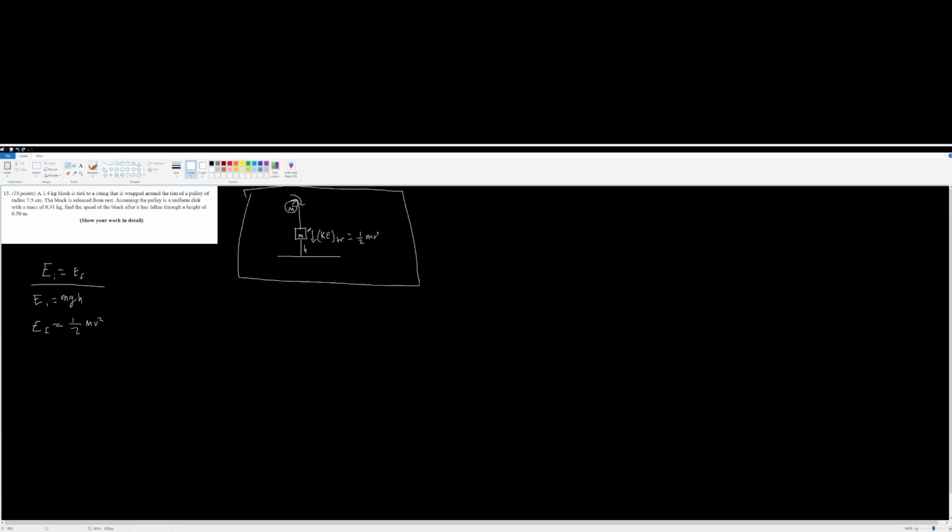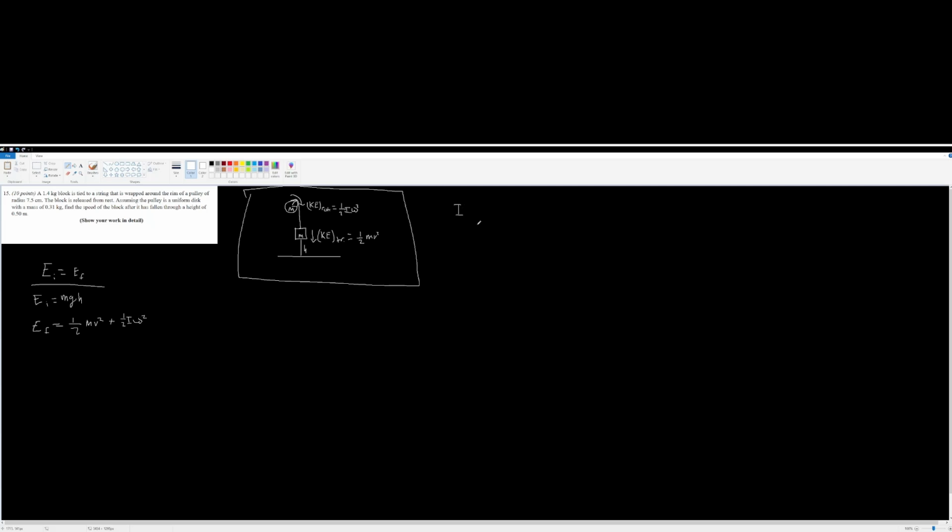So we have to account for that when we're setting up our final energy in these sorts of problems. And this is going to be a rotational kinetic energy, which always equals 1/2 I omega squared. Again, you can see that equivalency between the rotational form and the translational form, I being the mass, omega being the velocity. So we have 1/2 times the moment of inertia times omega squared.